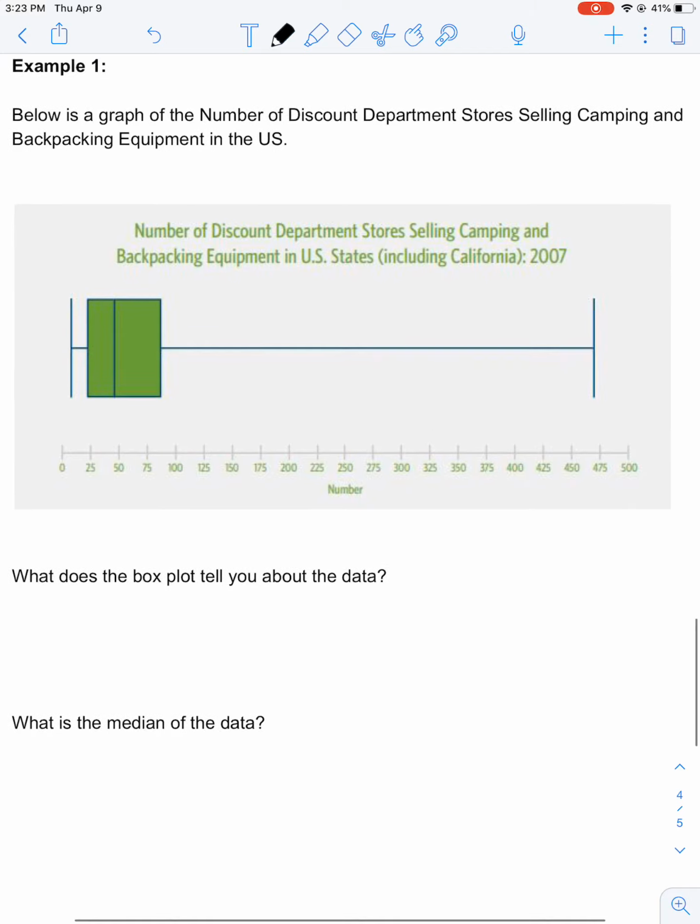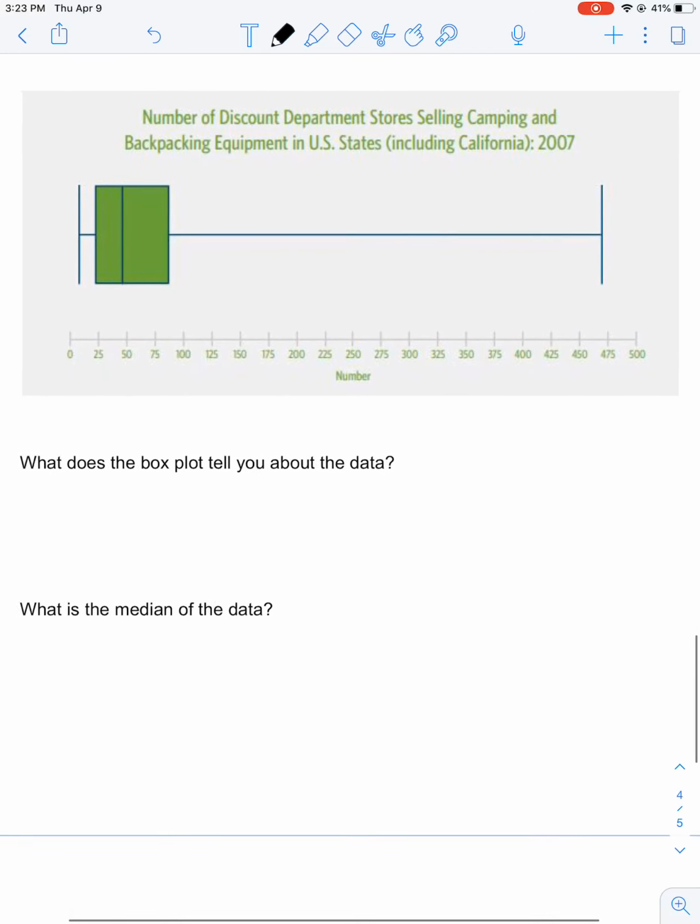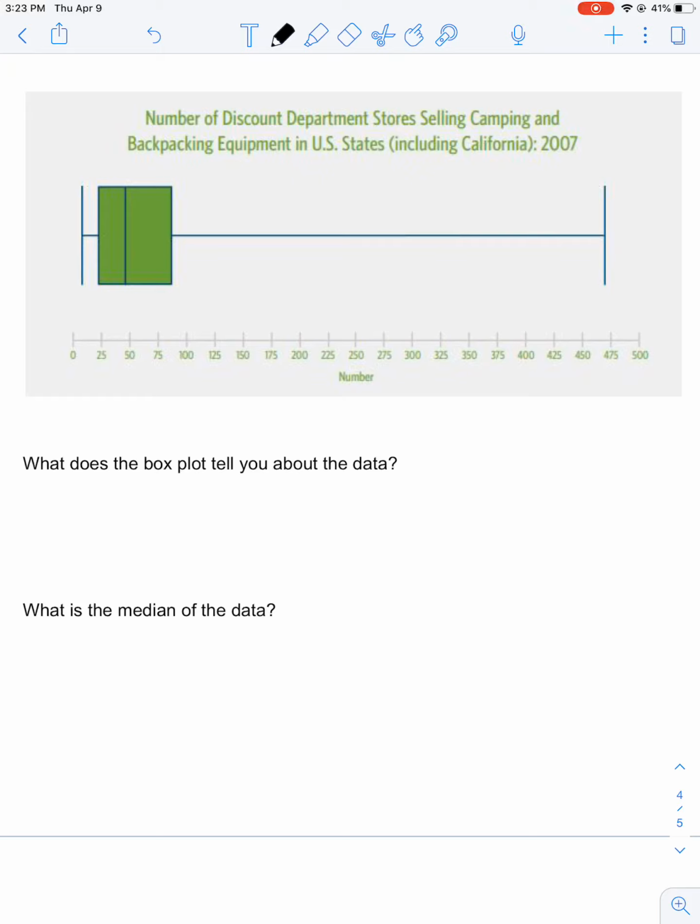Well, it's going to tell us, one, that it's skewed. When we're looking at this, it's going to tell us how it's skewed. And first of all, this is skewed right.